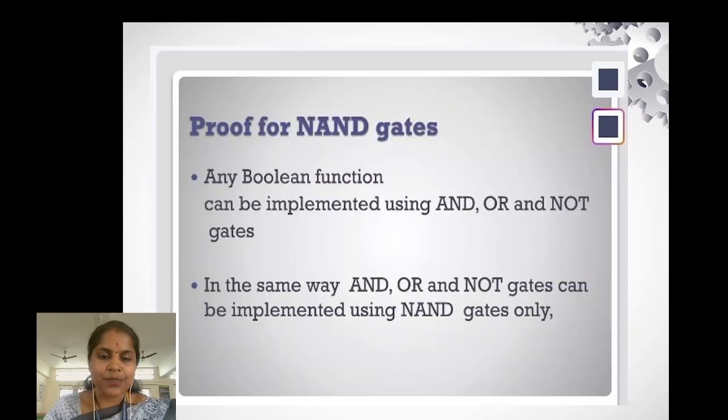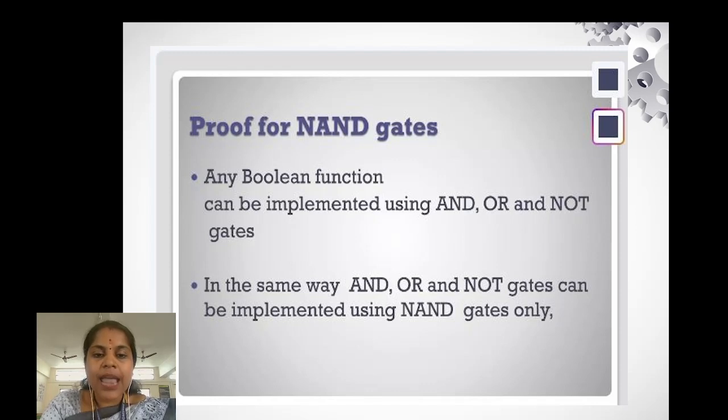To prove that NAND is a universal gate, we must demonstrate that NOT and OR gates can be implemented using only NAND gates. We already know that Boolean functions can be expressed using basic combinations of AND, OR, and NOT operation.